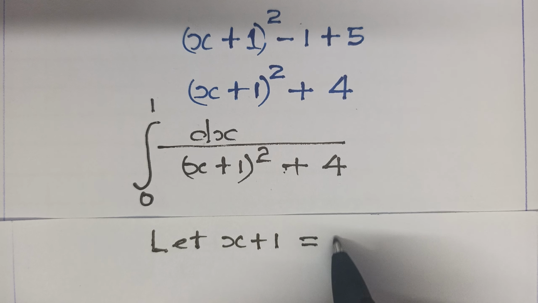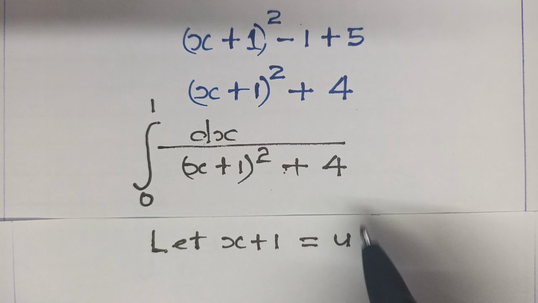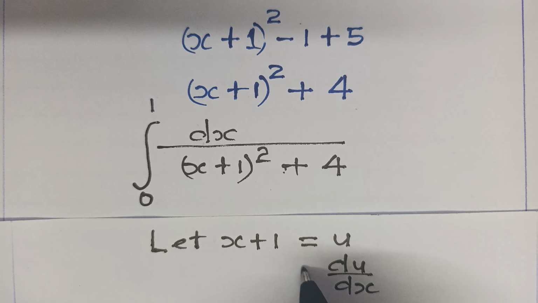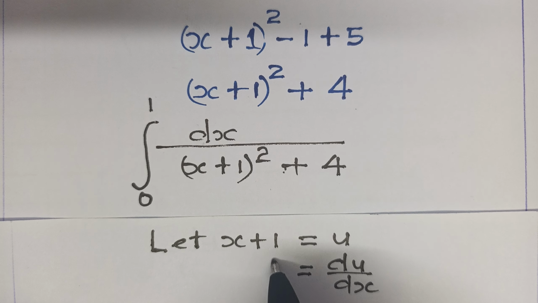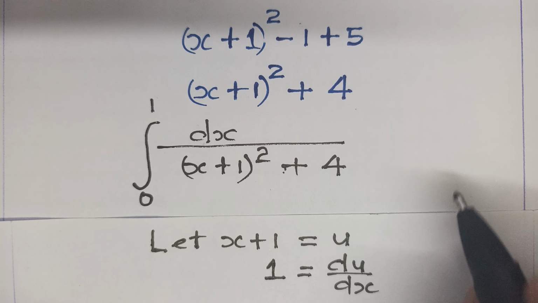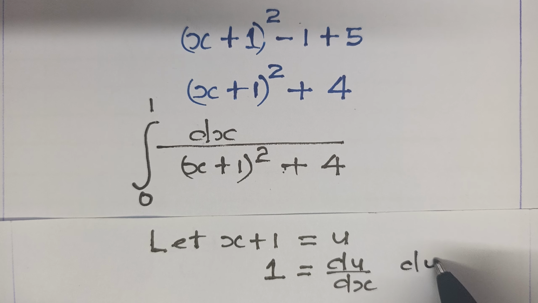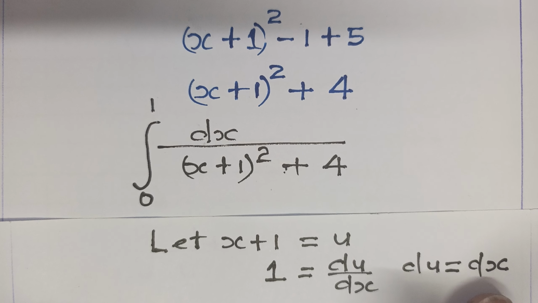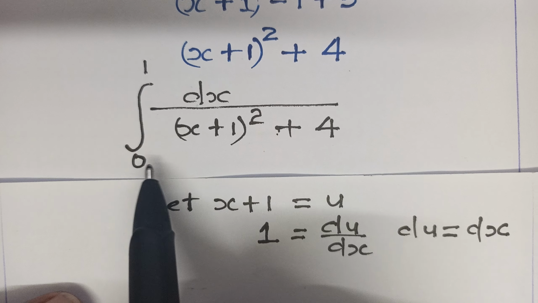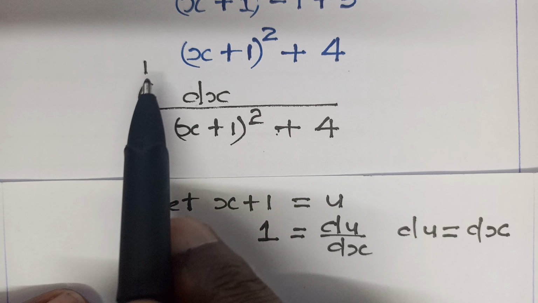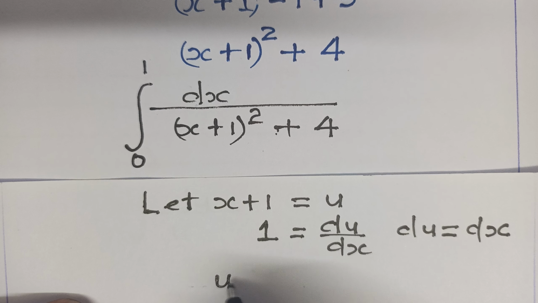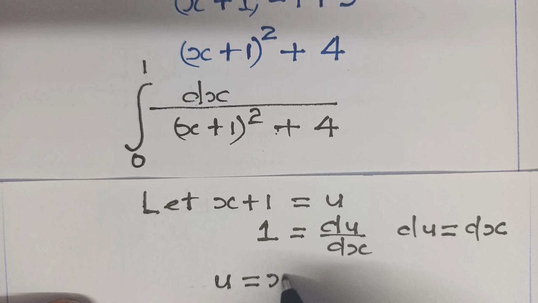be equal to u. And therefore we shall have du over dx, which comes to 1. And therefore we can say that du is equal to dx. At the same time, we can now replace our lower limit and upper limit. We say u equals x plus 1.